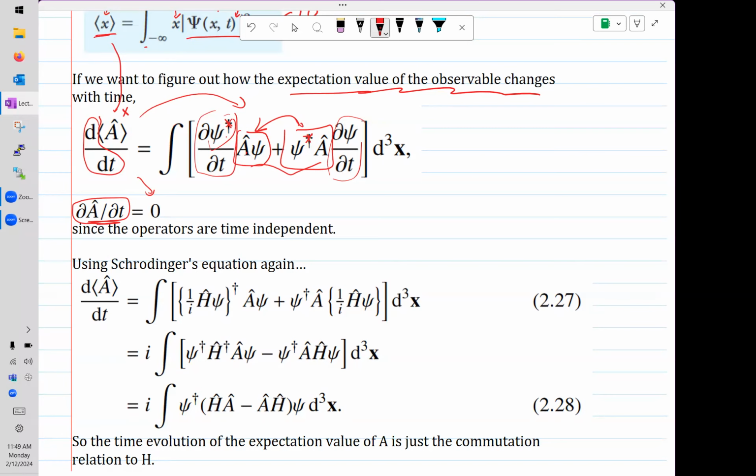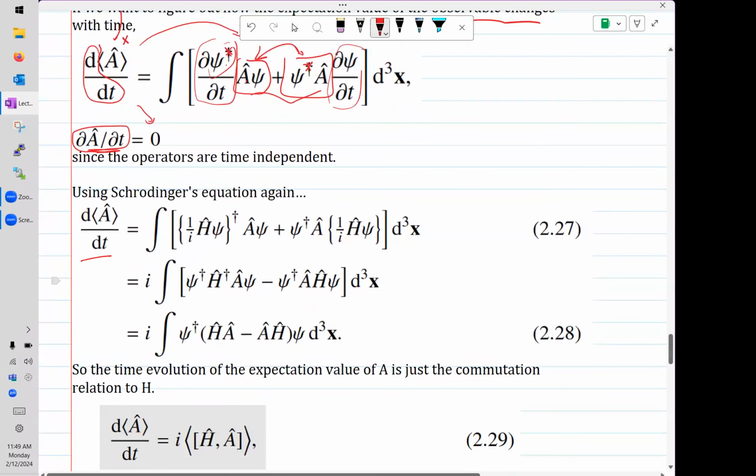So using the Schrodinger equation again, I'm just trying to follow the book itself. Let's say this operator is the Hamiltonian. We're just replacing this with the Hamiltonian. So we plug in the Hamiltonian here, plug in the Hamiltonian here.